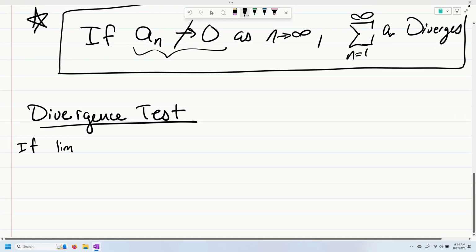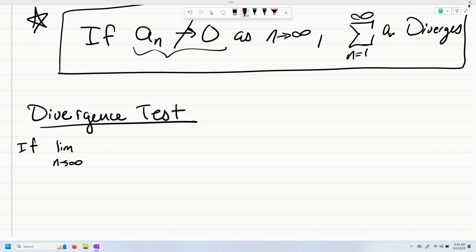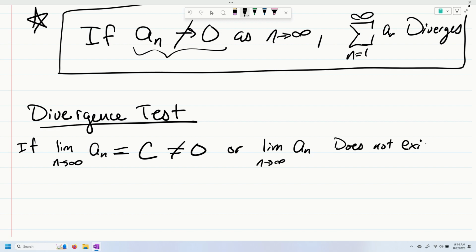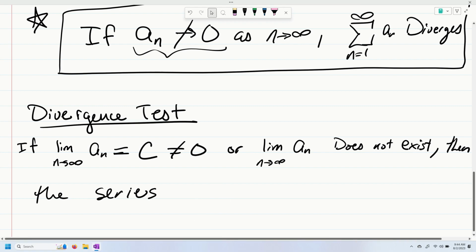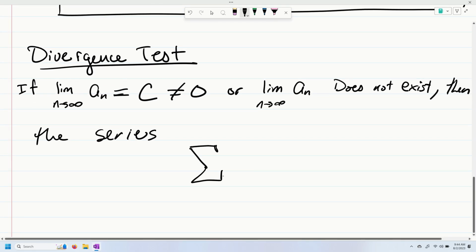If the limit as n goes to infinity of a sub n equals c, and c does not equal 0, or the limit as n goes to infinity of a sub n does not exist, then the series diverges.